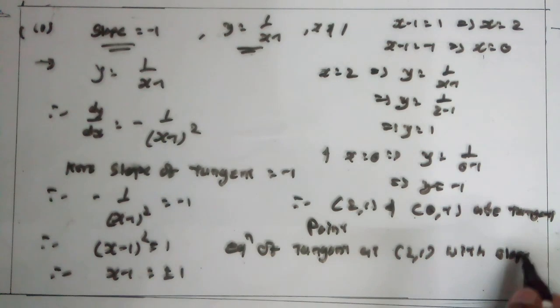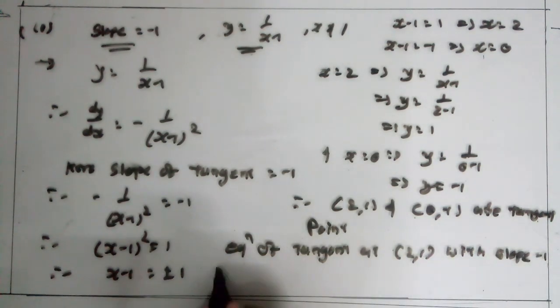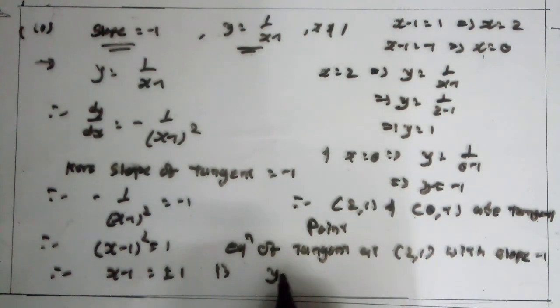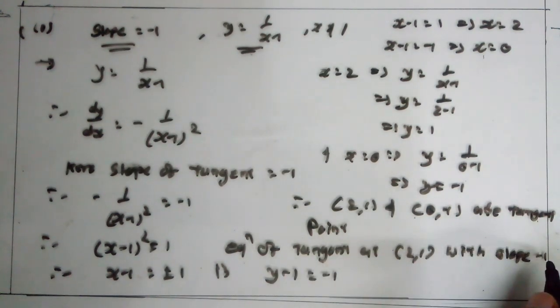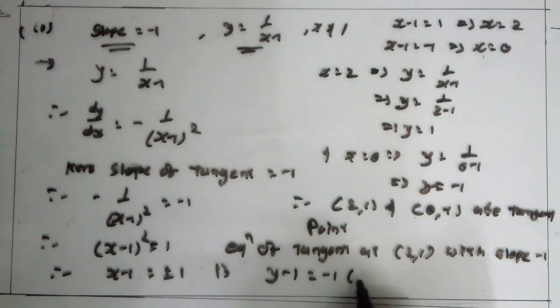Slope is given as minus 1, so y minus y1 is equal to m, that is the slope of tangent, minus 1 into x minus x1. x1 is equal to 2.